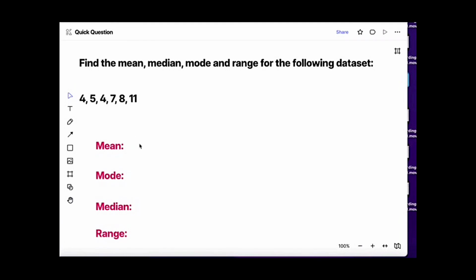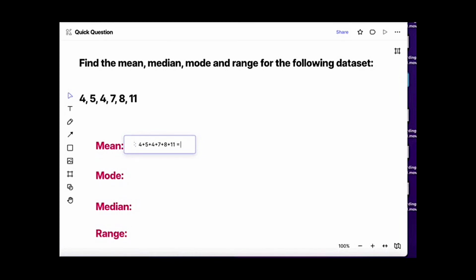So how did we say we were going to calculate the mean? Well, in order to calculate the mean, the first thing that we were going to do is add all of the numbers that we have. So we're going to add them: 4 plus 5 plus 4 plus 7 plus 8 plus 11. And what does that give us?